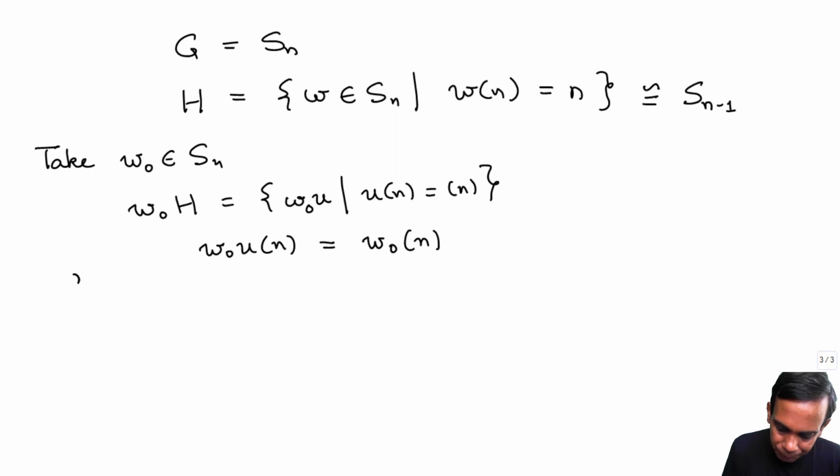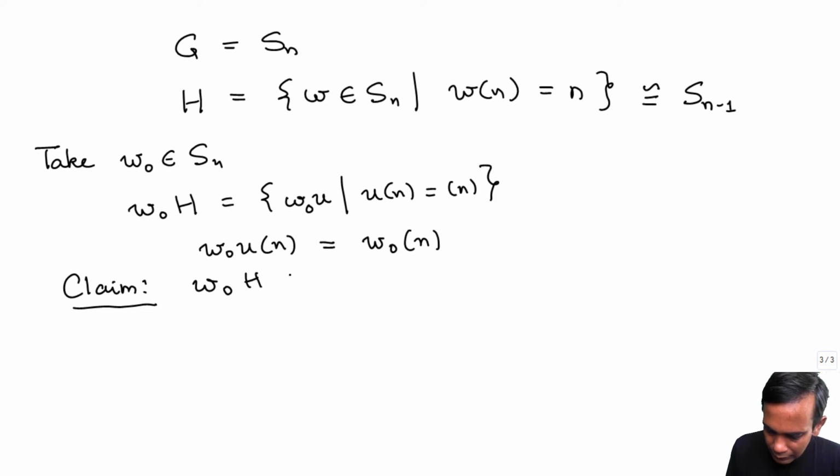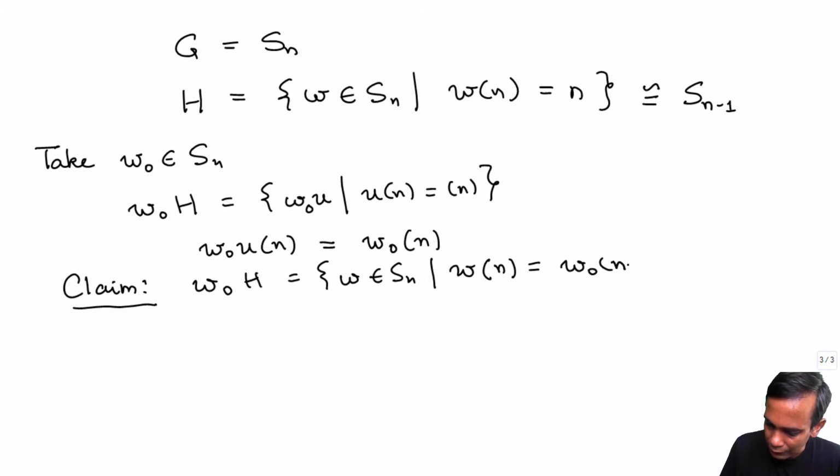So I claim that w0H is the set of all w in Sn such that w(n) is equal to w0(n). And we've already seen that each element of w0H has this property.